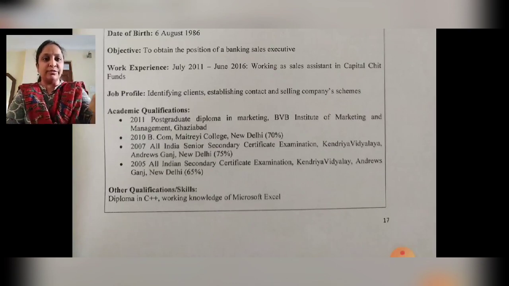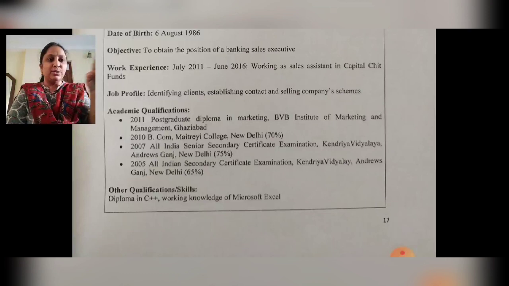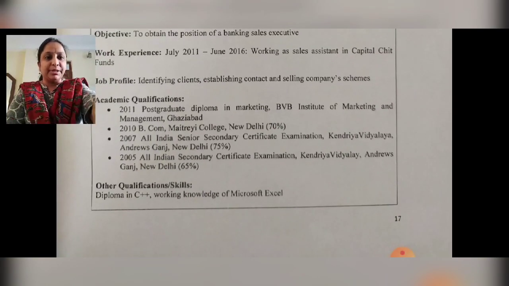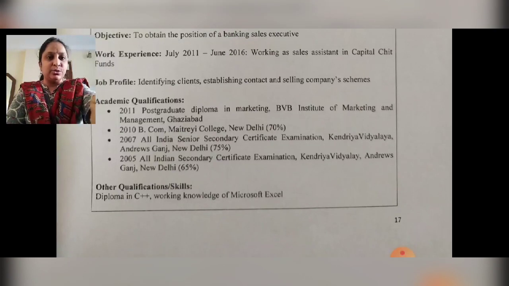Instead of using the traditional way of a tabular format wherein you put serial number, name of the degree, name of the university, percentage of marks, etc., you can also write it in a paragraph format, placing commas in between. You can just say in 2011 you have passed out, postgraduate diploma in marketing, comma, BVB Institute of Marketing and Management, comma, Ghaziabad.